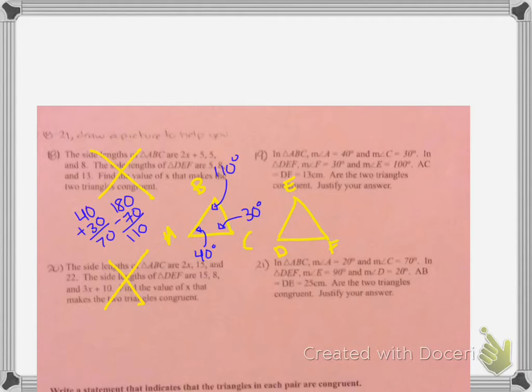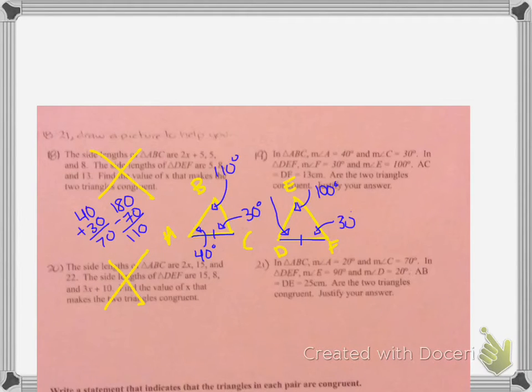In triangle DEF, they told me that angle F was 30, and that angle E was 100. They also told me that segment AC, which is this segment here, is congruent to segment DF, and both of those were 13. So I'm going to mark those sides congruent.